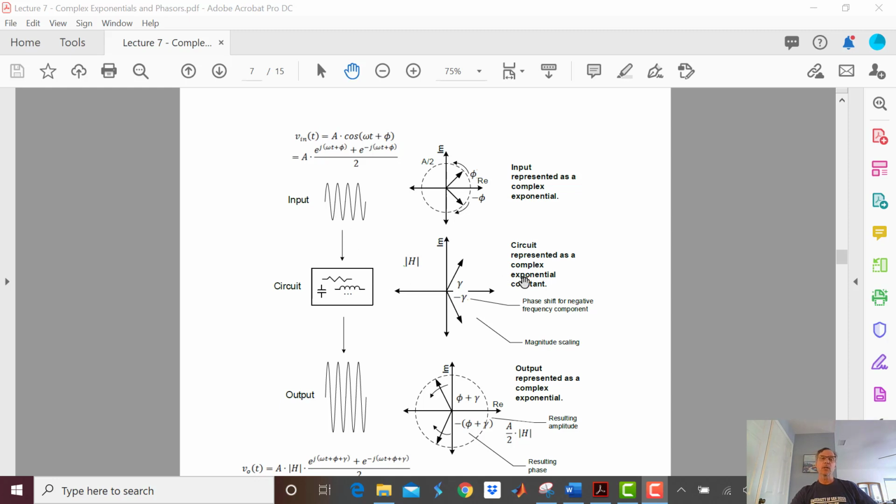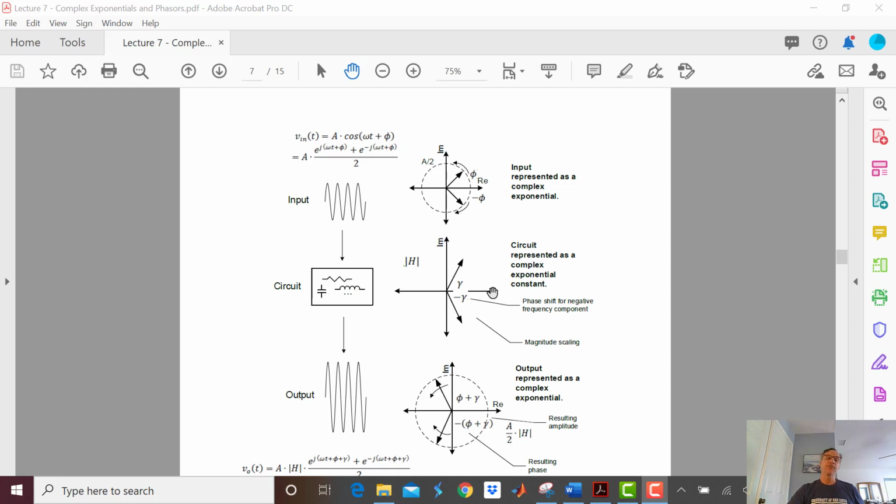So now let's look at what the circuit does. This graphic is showing just the circuit. I'm saying it's the circuit represented as a complex constant, because at a fixed frequency, that's what the circuit does. It is a complex constant. And so what the circuit is doing is shifting the positive frequency components by this angle gamma and scaling them by the magnitude of this vector.